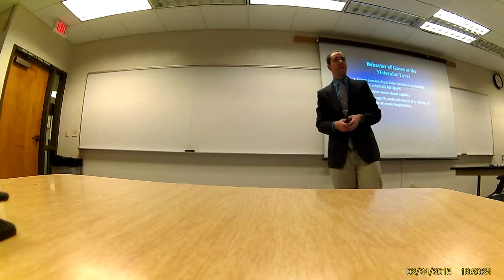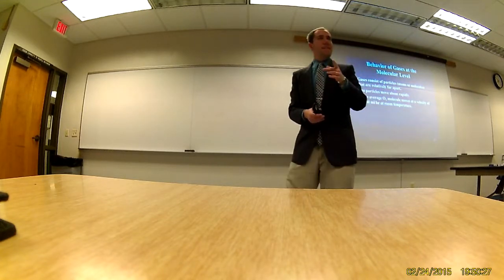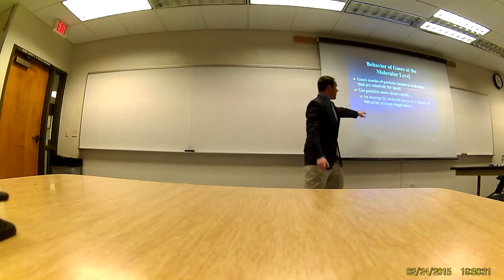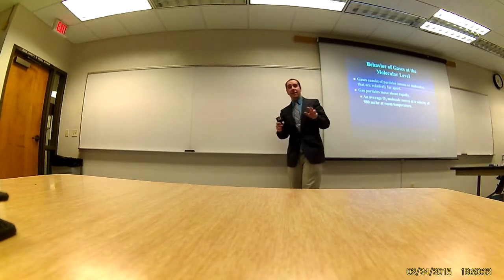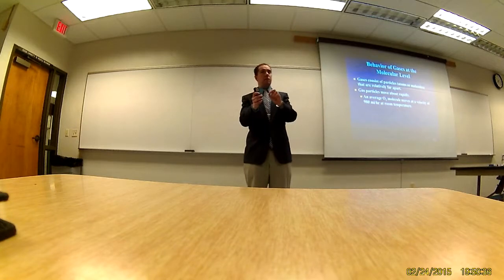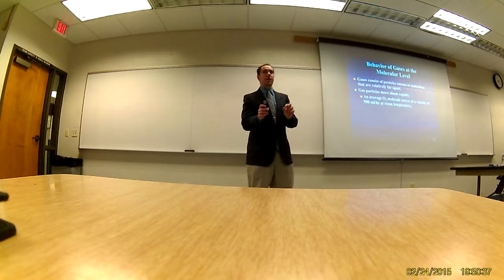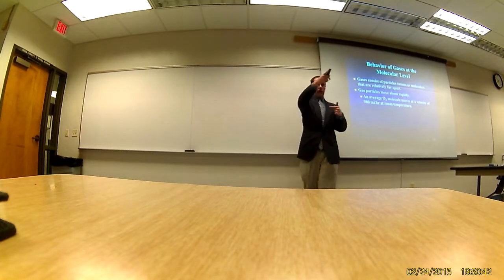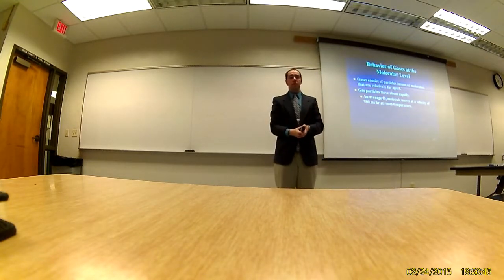It bounces around. This is a speed. If you've taken physics, you may remember the difference between speed and velocity. We're not going there. But this is just a speed. It doesn't tell us that it's moving from here to there at 980 miles an hour. They move randomly.